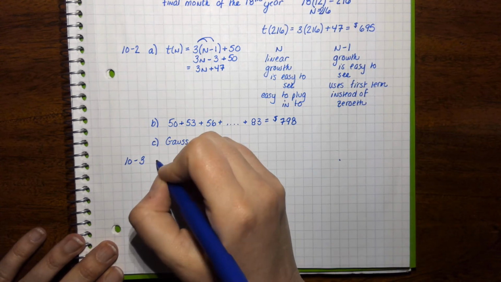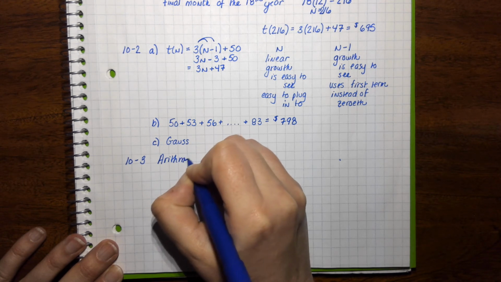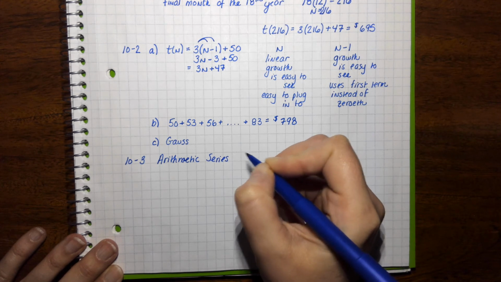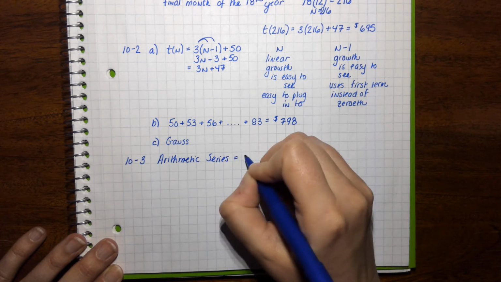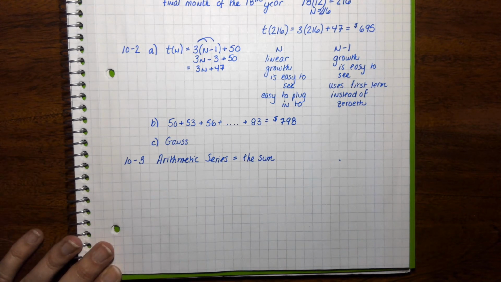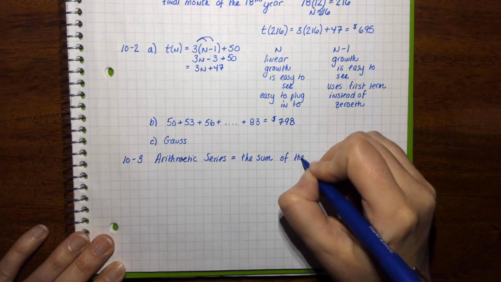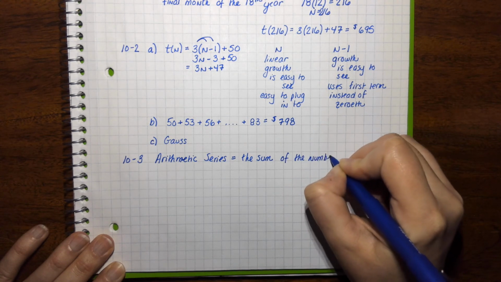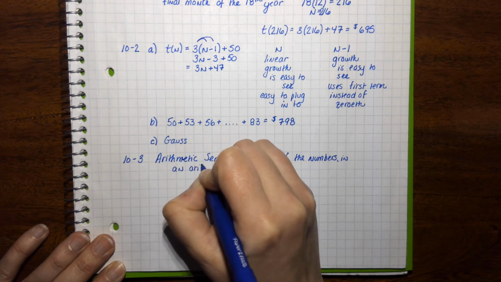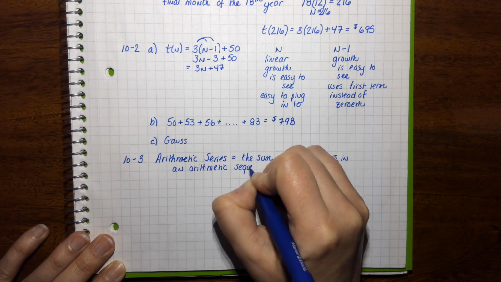Okay, so first we want to define an arithmetic series. And an arithmetic series is the sum of the numbers in an arithmetic sequence.